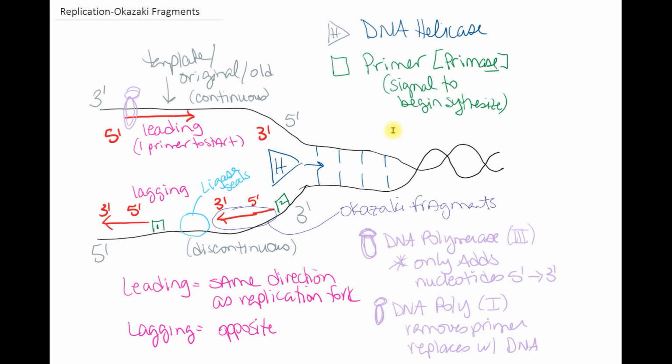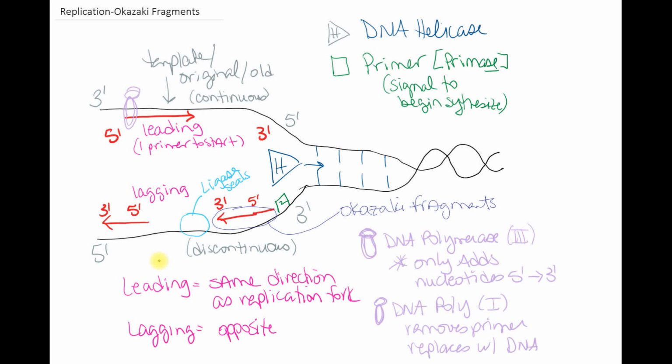On the opposite side, again, it's first going to lay down a primer, and here is the first primer. Because it's anti-parallel, it's going to build the new strand 5' to 3'. You'll notice that is away from the fork, so it's going to build away from the fork.